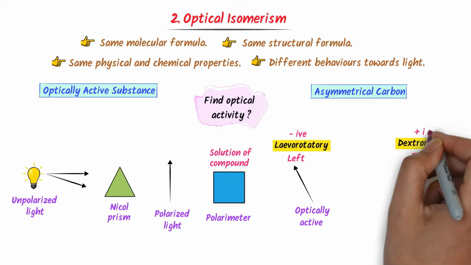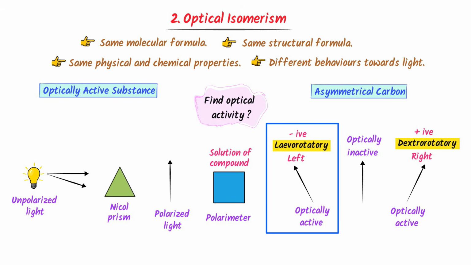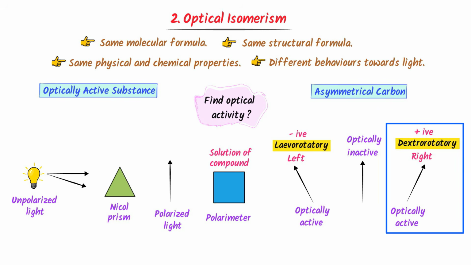We represent it by a positive sign. Lastly, if the light is not rotated in the left or in the right direction, it means that the compound is optically inactive. Thus remember that if a compound rotates light in the left direction, it is levorotatory. If a compound rotates light in the right direction, it is dextrorotatory.